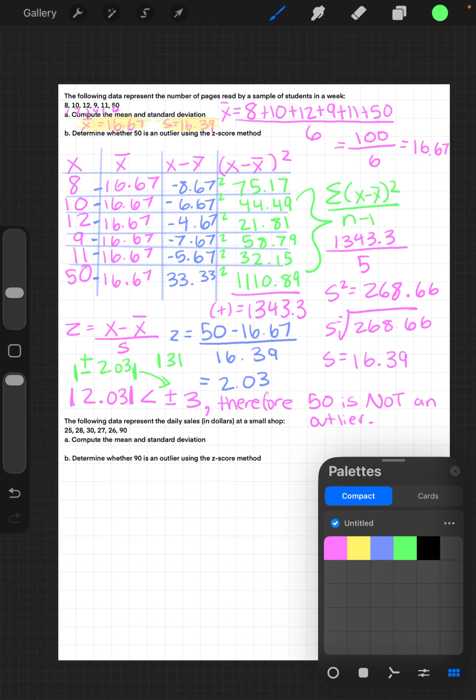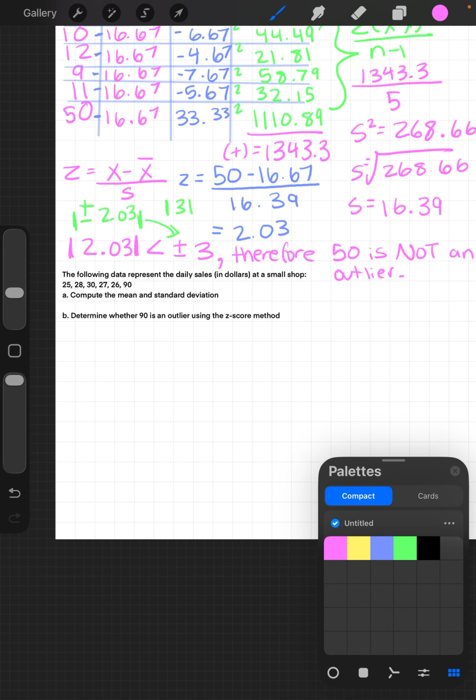Okay, and now we're gonna do our last problem example. So we're gonna find the mean, and I'm gonna do a different color so it doesn't get confusing.